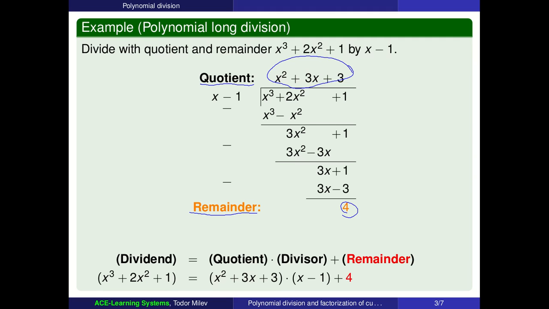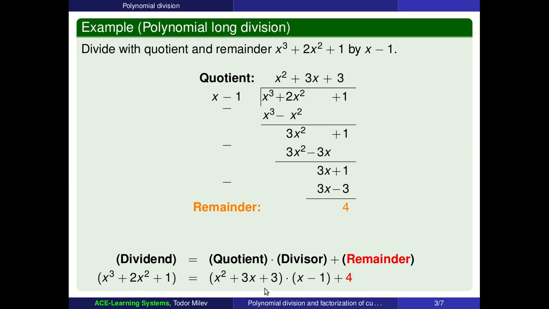The polynomial tableau that we just filled in can be interpreted as the following equality between polynomials. The dividend x cubed plus 2x squared plus 1 is equal to the quotient x squared plus 3x plus 3, that's the polynomial we just obtained here, times the divisor x minus 1, the whole thing plus the remainder 4.